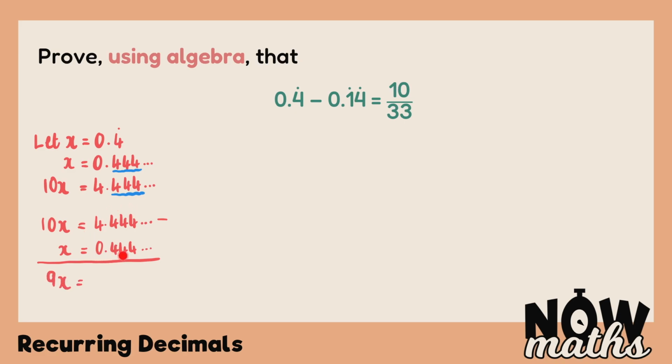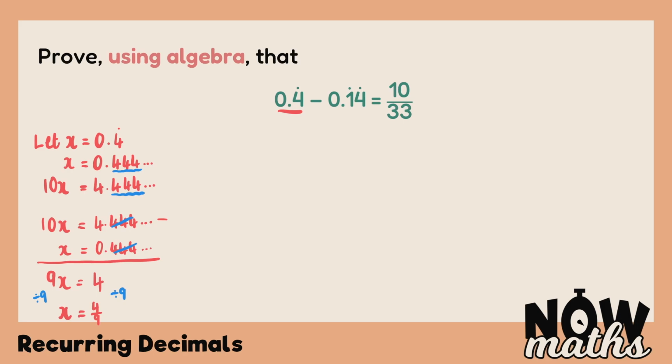And then subtracting the decimals, we can see the recurring part would cancel, and we're left with 4 subtract 0, which is 4. Then solving our equation by dividing by 9, we get that x equals 4 over 9. So we have converted 0.4 recurring into a fraction.